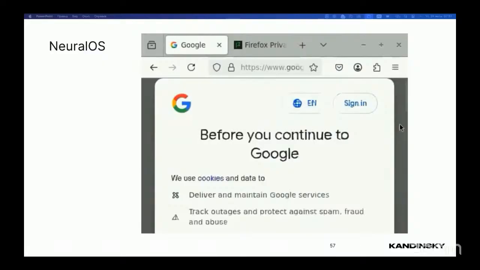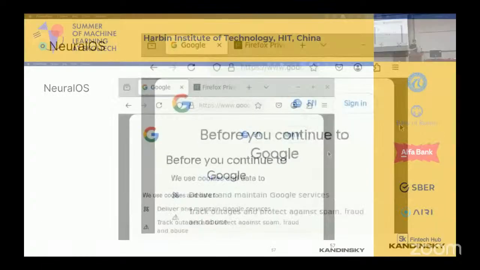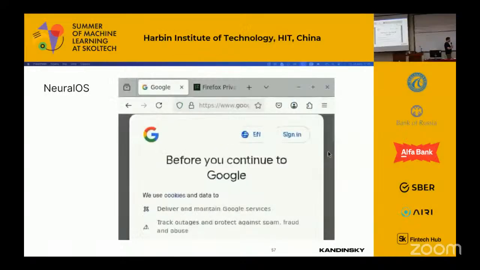But the output is just pixels on the screen. So the authors said, if working with the computer is just pixels on the screen, so a video, why don't we directly generate the videos of what is seen on the computer when the user works in it? And they do exactly that.